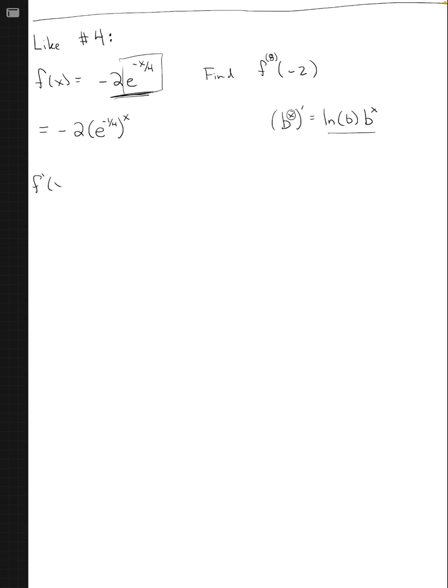So we take the first derivative, and that's negative 2 ln of e to the negative 1/4 times e to the negative 1/4 to the x, right? That's using this rule here. And if we simplify this, that's negative 2 times negative 1/4 times e to the negative 1/4 to the x.